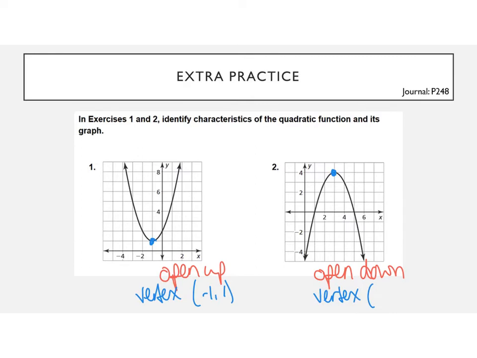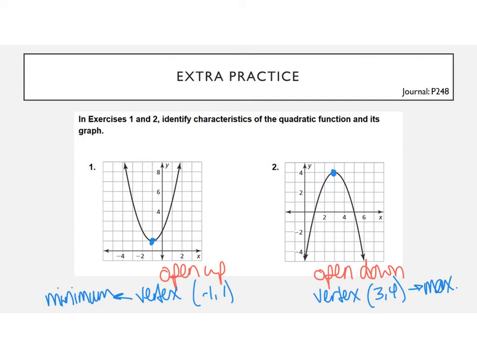It looks to be (3, 4). Now, not necessarily asking, but I'm going to put this in here now, for number 1, this vertex is considered a minimum because that's the lowest point, so I'm just going to add to that. This is a minimum. And for number 2, this vertex is a maximum.